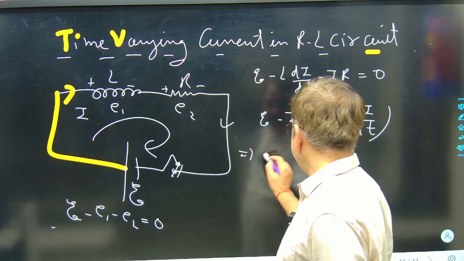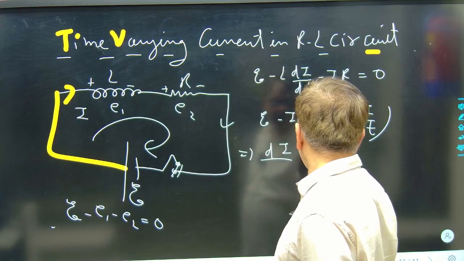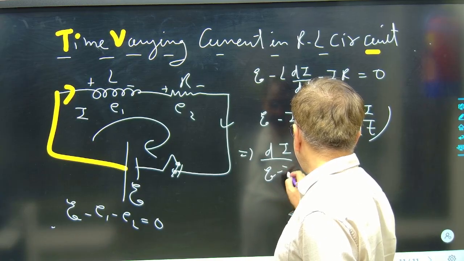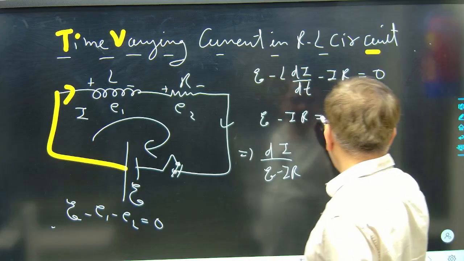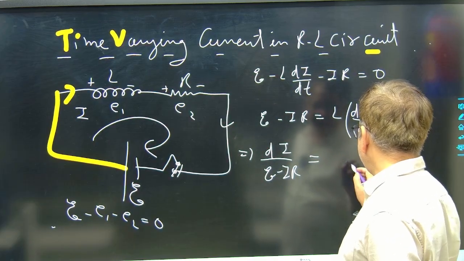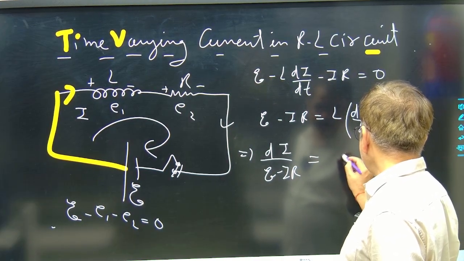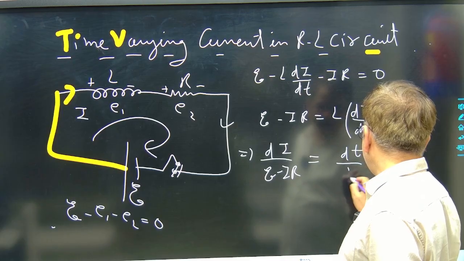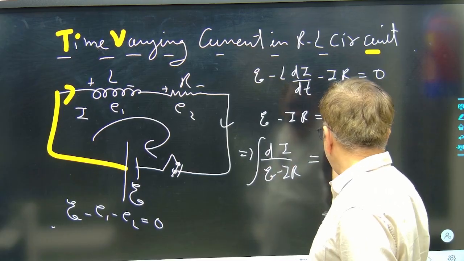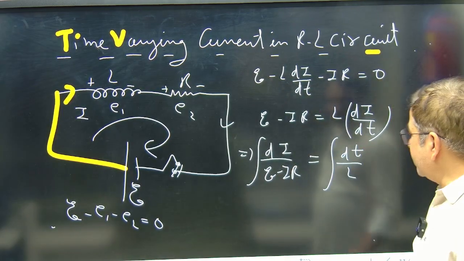Further, it is di over E minus IR equals dt upon L. I can integrate both the left hand side and right hand side by separation of variables.